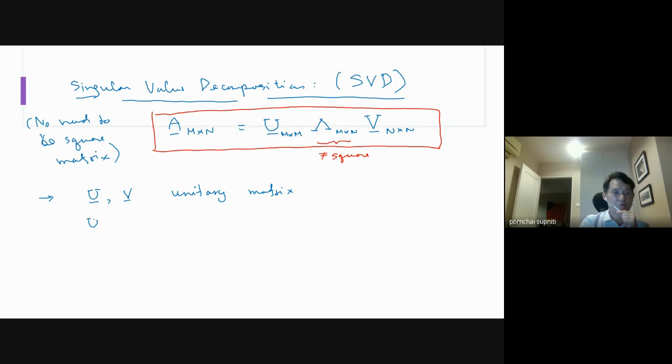So U transpose multiplied by U is equal to U multiplied with U transpose, which is equal to the identity matrix. But this will be equal to the identity matrix of size m. And for V, V transpose multiplied with V is equal to V multiplied with V transpose. This will be equal to the identity matrix, but with the dimension n. Okay, so m by m and then n by n.